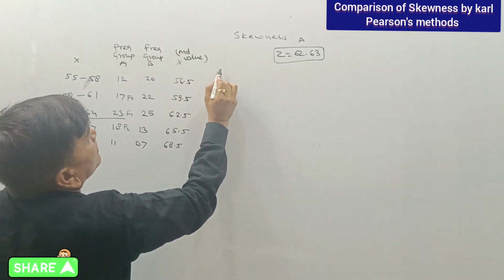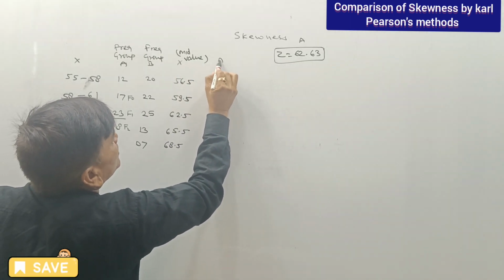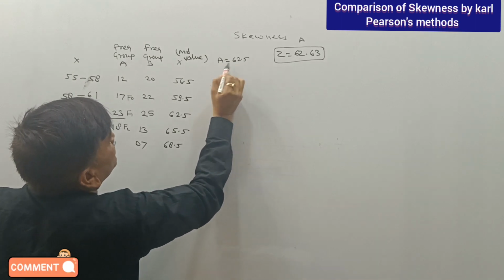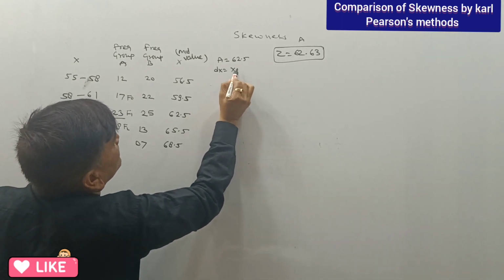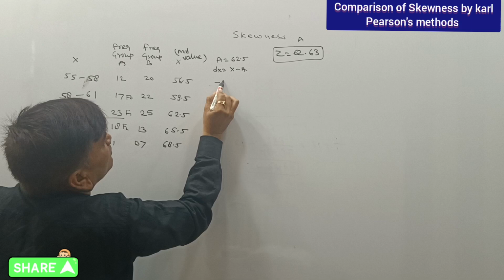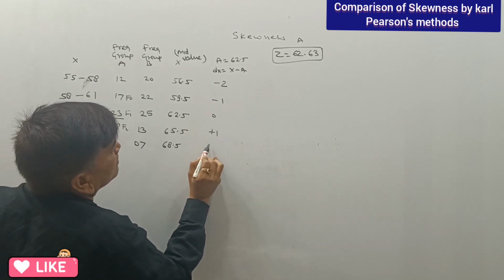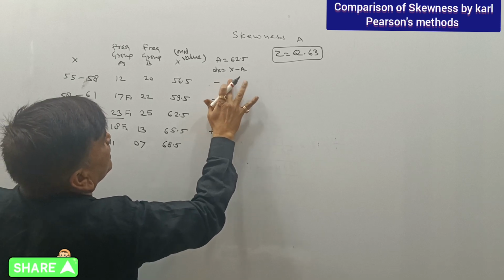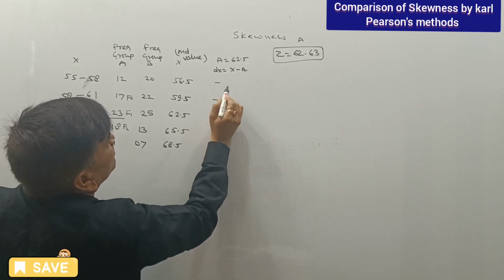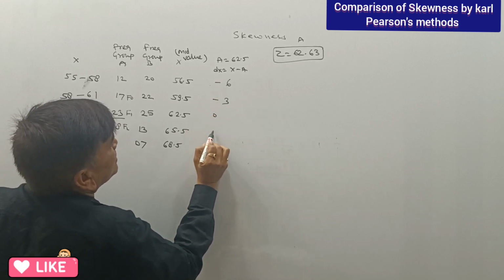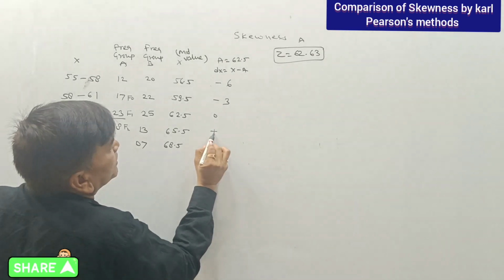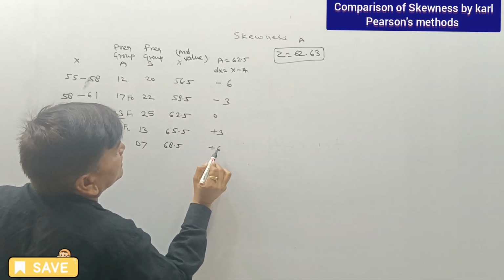Suppose we assume the mean is 62.5. So dx is equal to x minus the assumed mean, which gives minus 6, minus 3, 0, plus 3 and plus 6, in the class-interval units of step deviation.